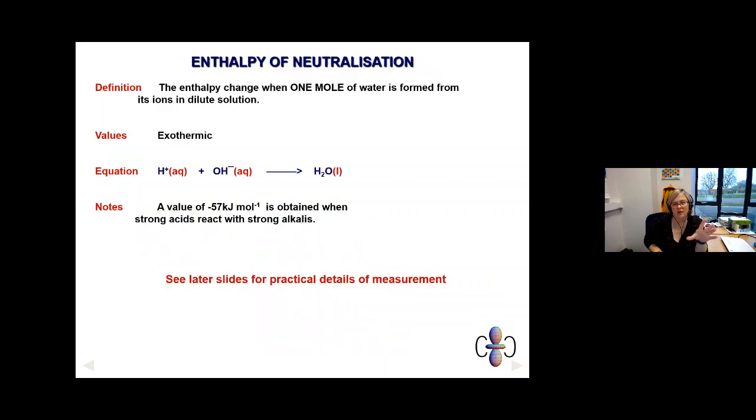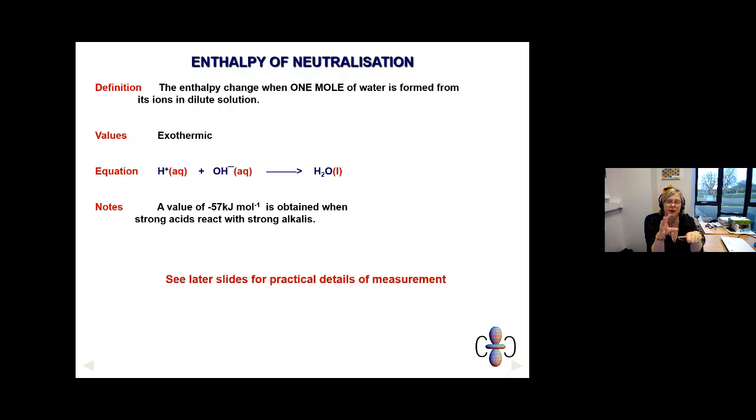Right, enthalpy of neutralization. Now, neutralization is something that is explored quite vastly in GCSE. Neutralization as a byproduct will always create a salt. The enthalpy change is for 1 mole of water formed from its ions in dilute solution.